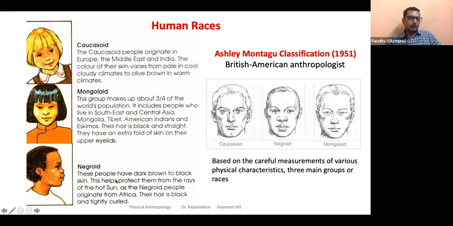Negroids are well recognized based on their skin color, dark brown to black skin. And where do they originate from? They mainly originate from Africa.